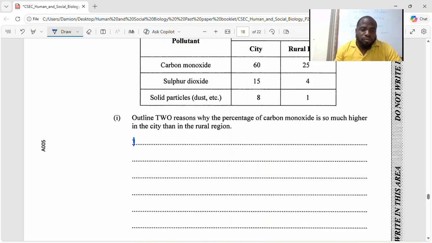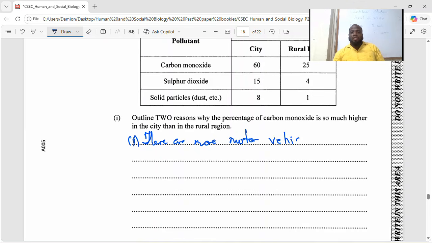So 1, there are more motor vehicles. So more motor vehicles in the city, hence one of the things that's coming out of the exhaust is carbon monoxide. 2, we have more industries.